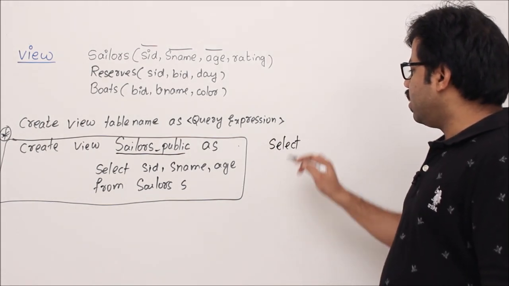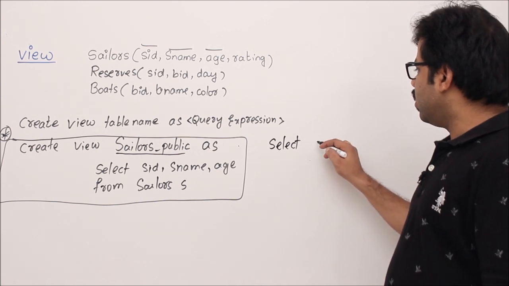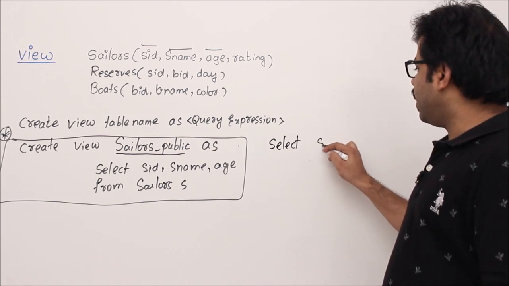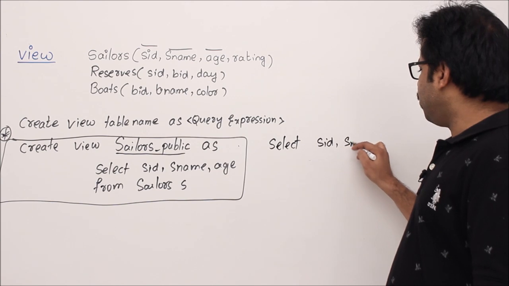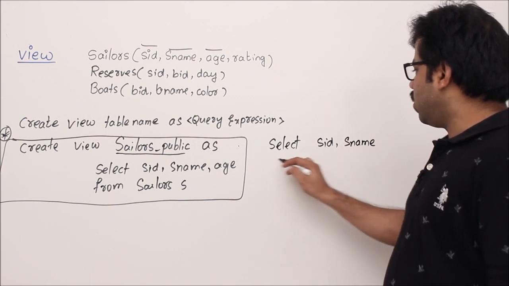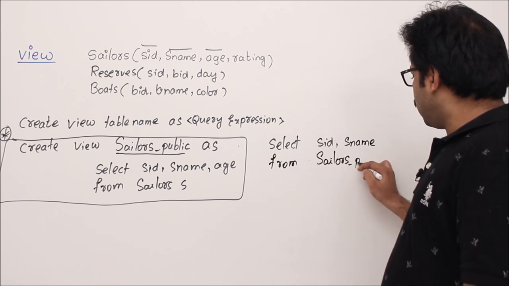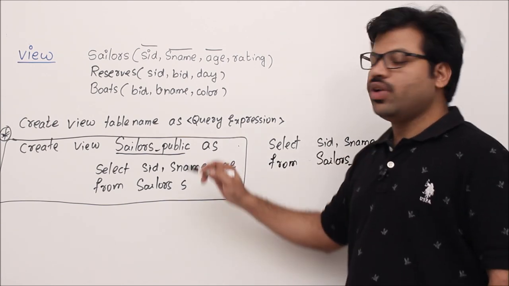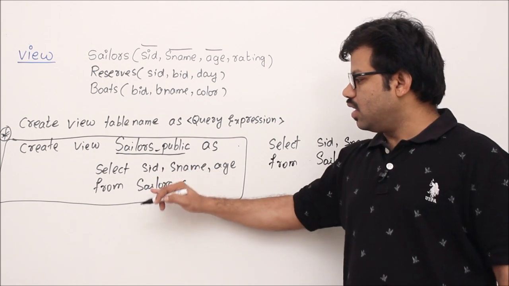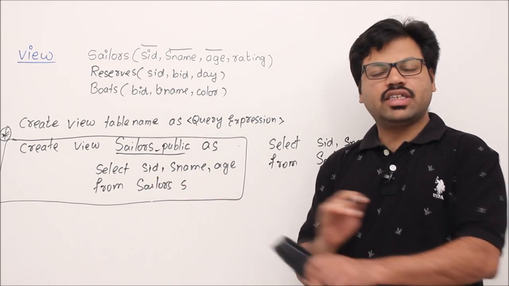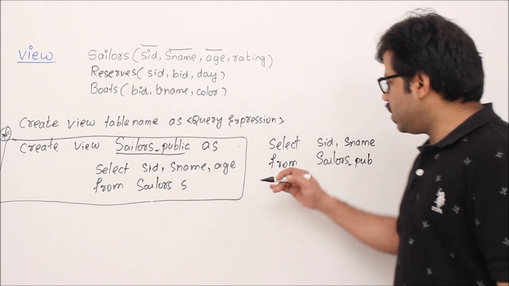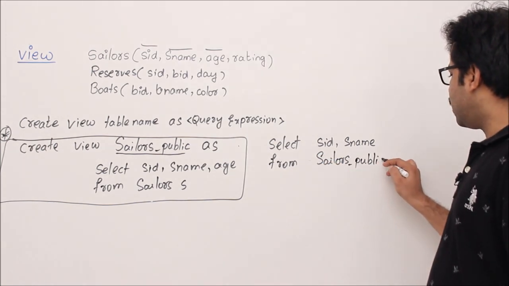Whenever you write a query, select SID and SNAME, we can access it from sailors public. That means this view is not limited to only this query. It is extended to other queries also. That means we can use it somewhere else.